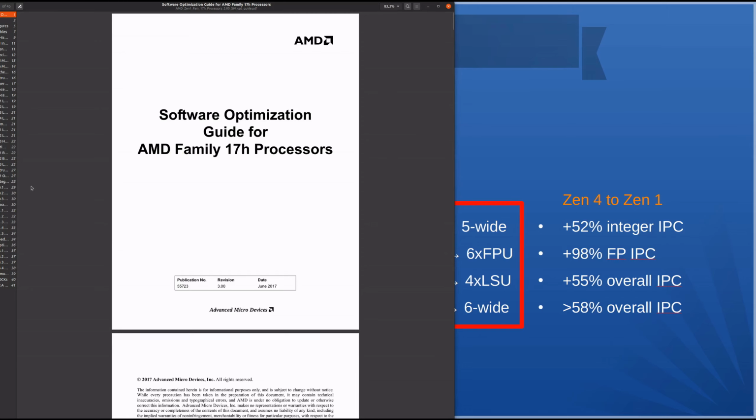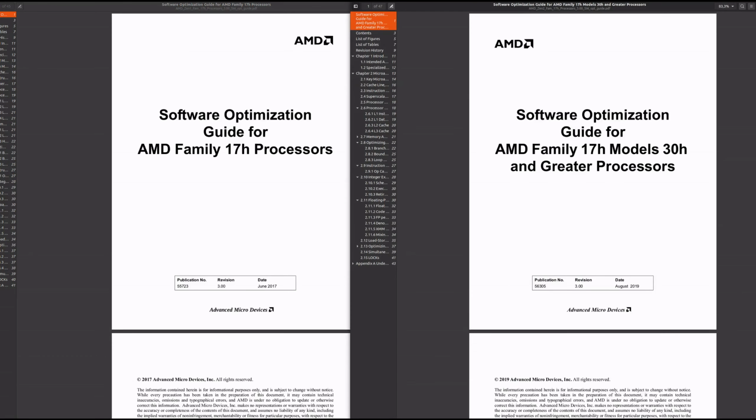But when we look at the documentation from Zen 2, you can see here "and greater processors", which means this optimization document is valid for every 17H processor, and there will be no major changes anymore.